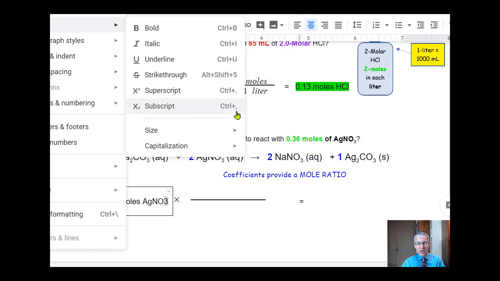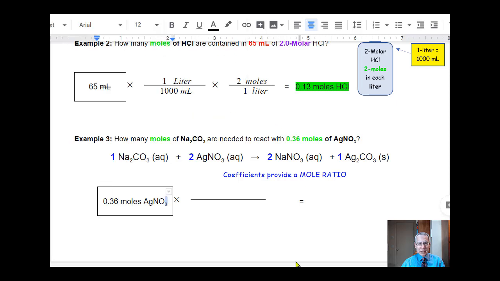See, control comma. All right, so there's the 3 down low where it's supposed to be. The answer is supposed to be moles of sodium carbonate, so I can already type that here. Moles, Na2CO3, and I'll do the control comma deal and the control comma deal.